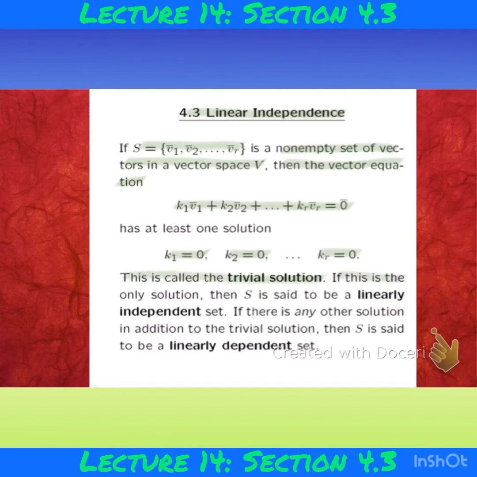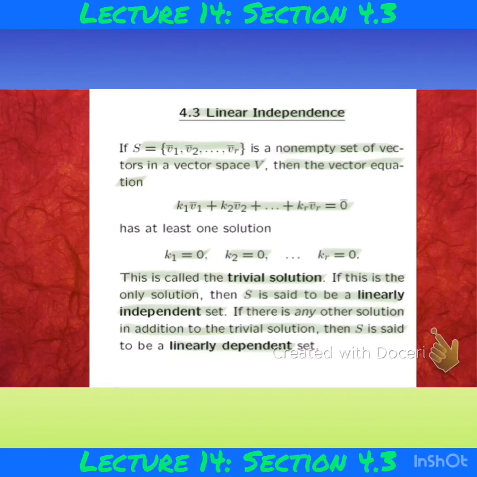Now, if this is the only solution, then S is said to be a linearly independent set. If there is any solution other than the trivial solution, then S is said to be linearly dependent. Right, so it's a simple definition.